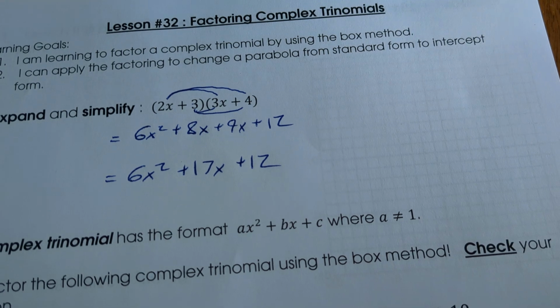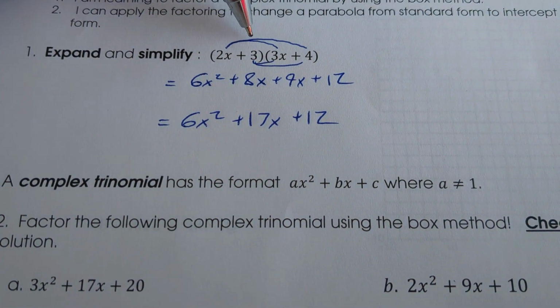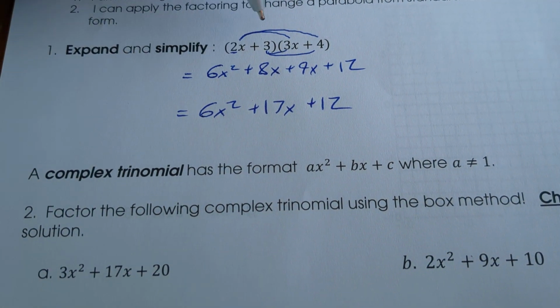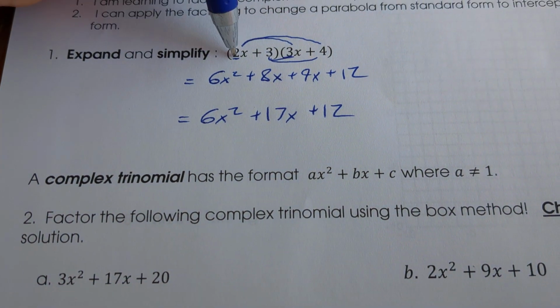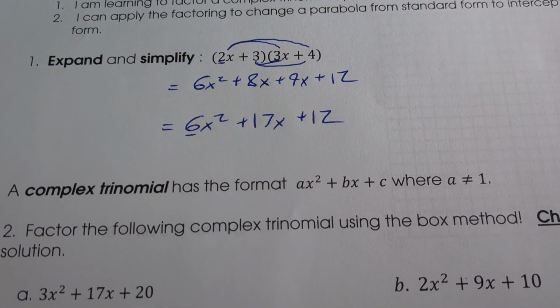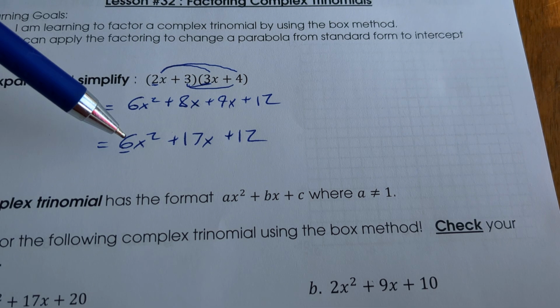Notice, when we multiply a binomial like this out, we have numbers in front of the x. When we have numbers in front of the x, we end up having an a value. And remember, the simple trinomials we've been doing so far have not had an a value.